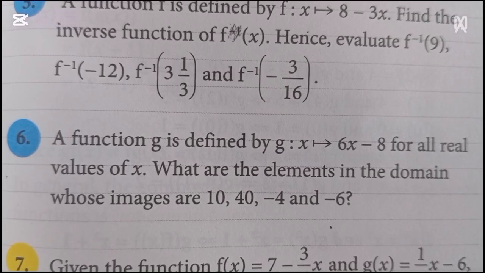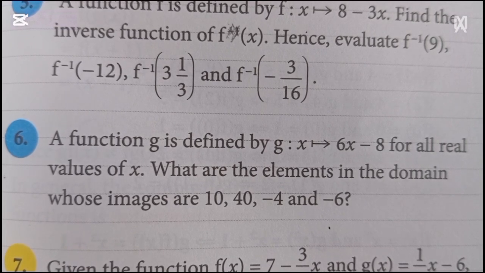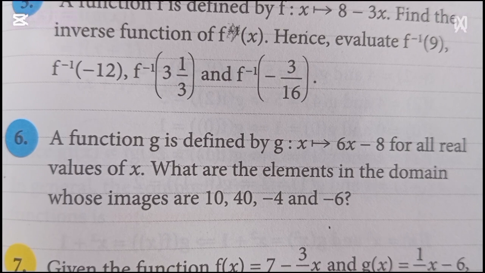Here the statement of question number 6 is, a function g is defined as g(x) equal to 6x minus 8 for all the real values of x. What are the elements in the domain whose images are 10, 40, minus 4 and minus 6?